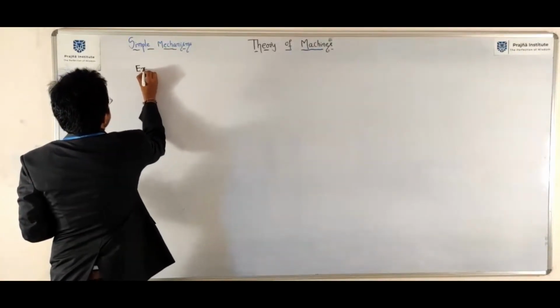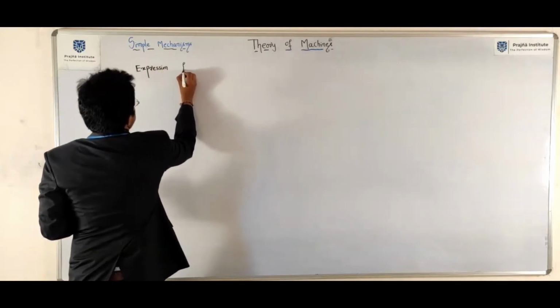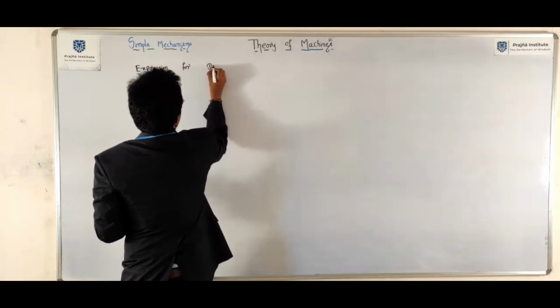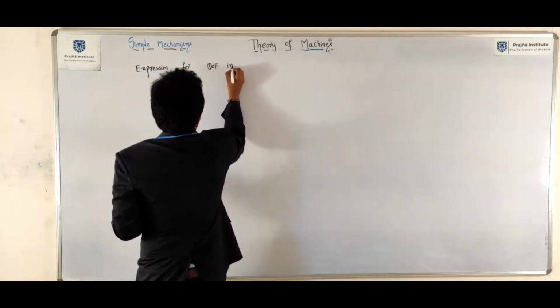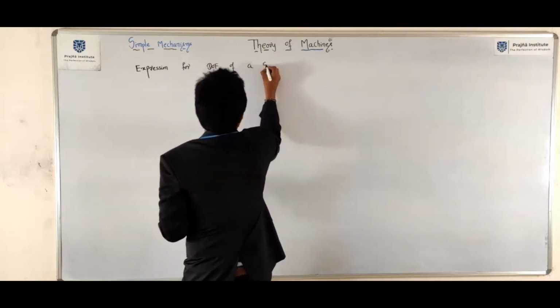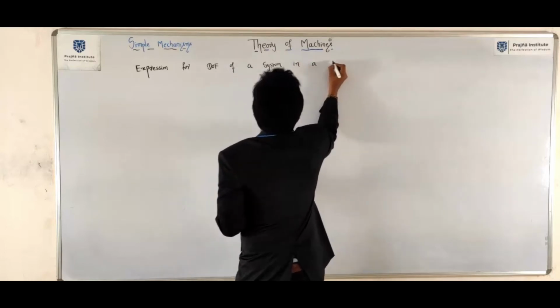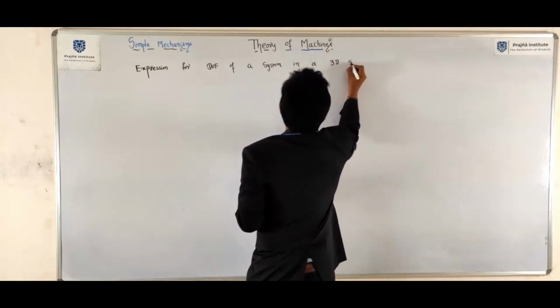Expression for degree of freedom of a system in a 3D space.